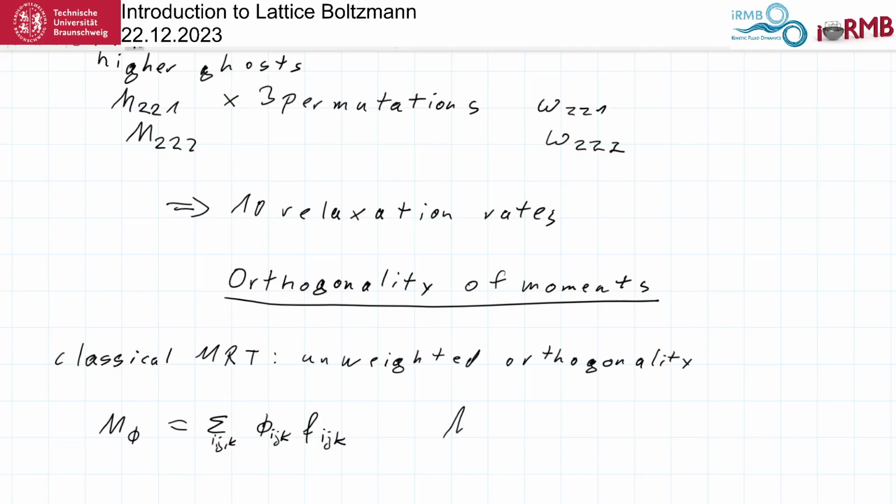And now there is a different moment, m psi, with kernel psi ijk. So now these are different kernels for different moments. Yeah. So the question is, when are these moments orthogonal to each other?